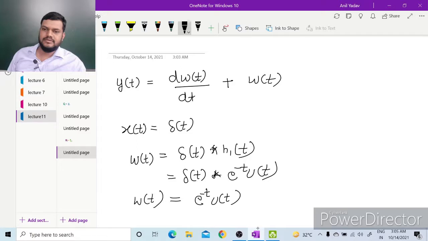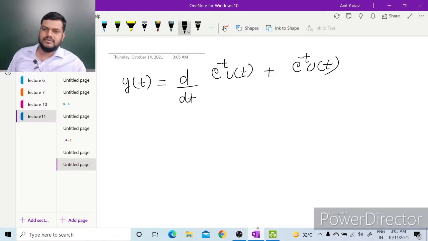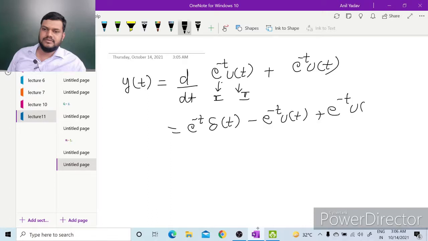Now we can find y(t). y(t) is the differentiation of w(t), that is d/dt of e^(-t) u(t), plus w(t), which is e^(-t) u(t). For this derivative, let us say this is the first function and this is the second function. So first times derivative of second, e^(-t) δ(t), plus second times derivative of first, plus e^(-t) u(t).